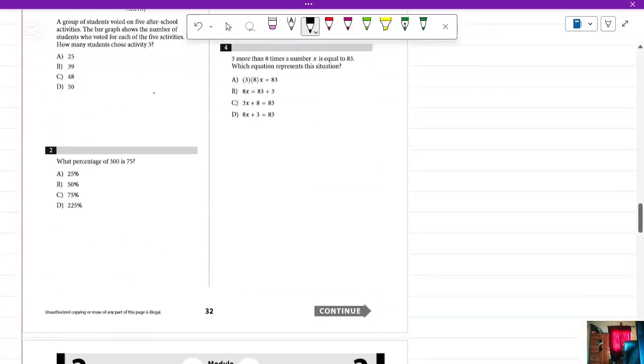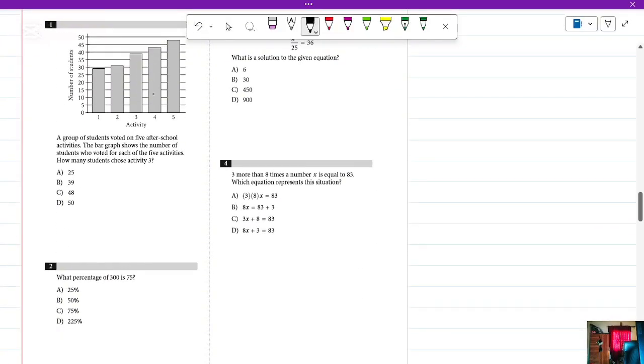Now, for us to know the number of students that choose activity 3, look at activity 3. This is 40, right? This is where 40 is. So meaning that activity 3 does not reach 40 at all. So I can do well to eliminate this and this, because activity 3 does not even reach 40, and this is 48 and 50. So now if you look at 25, this is where 25 is, meaning that what?